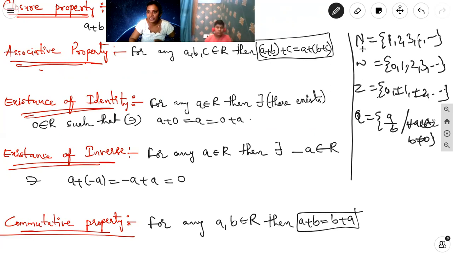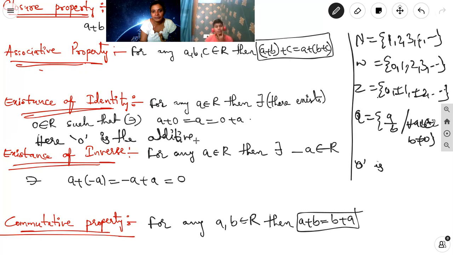Here natural number set means just observe 1, 2, 3, 4; no negative elements are there, and no zero element. So the inverse property and identity property are both not satisfied by the natural number set. Why? Because 0 is the additive identity, and minus a is the inverse of a.